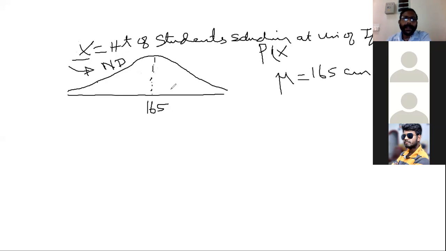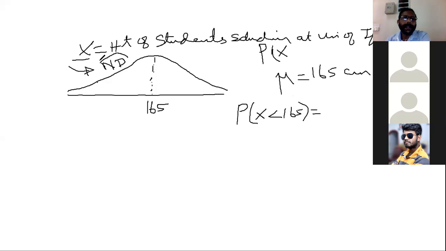Right. Now my question is, what is the probability of the students who are studying at the University of Jaffna having height less than 165? What is the answer that you would say?